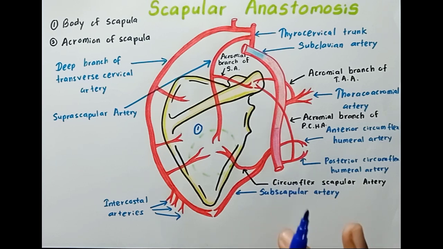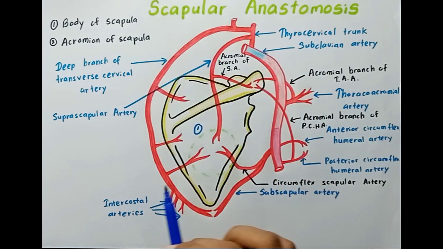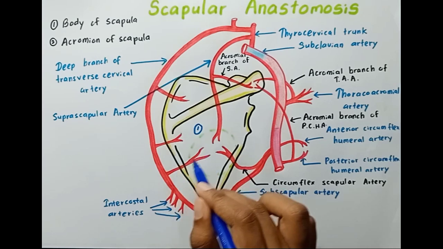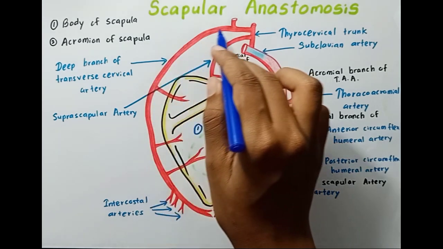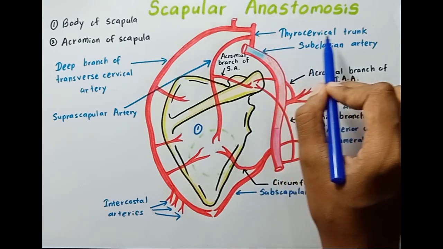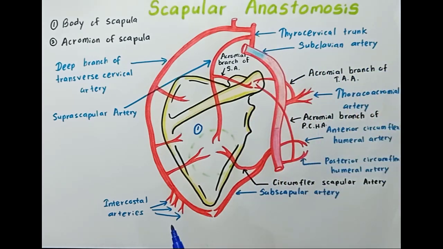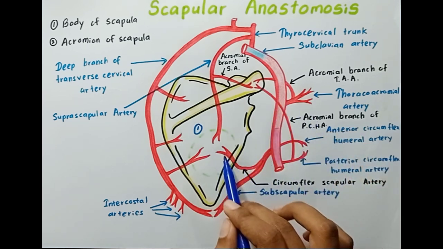And the second one is deep branch of transverse cervical artery. Here you can see that the deep branch of transverse cervical artery, and it also originates from the thyrocervical trunk, which is a branch of the subclavian artery. And the third one is circumflex scapular artery.